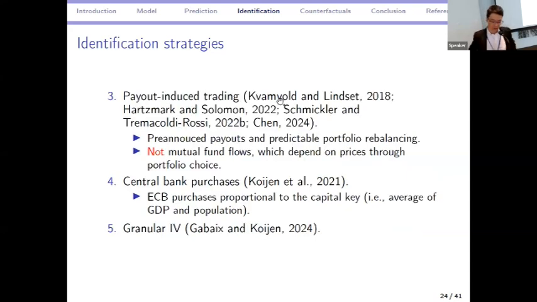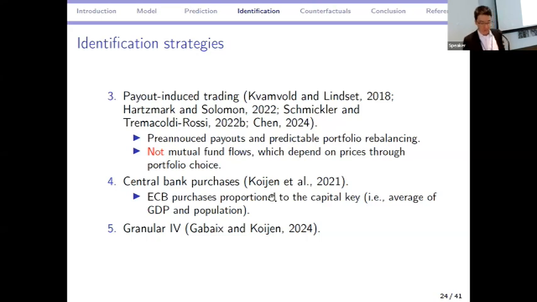And there's other instruments in the literature. Payout-induced trading looks at basically rebalancing, similar to Cam Harvey's paper yesterday, but looking at actual rebalancing from the microdata. And in our paper on QE, we had a very fortunate natural experiment where the purchases of the European Central Bank across the different countries were proportional to the capital key, which is an average of GDP and population, and not proportional to debt outstanding.